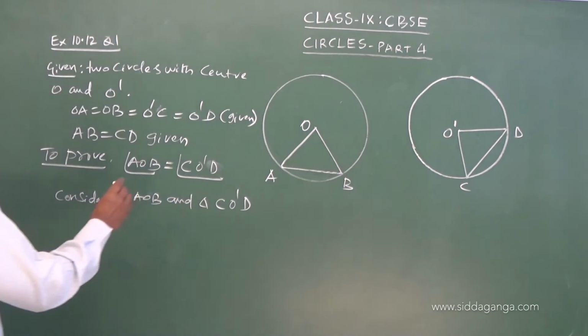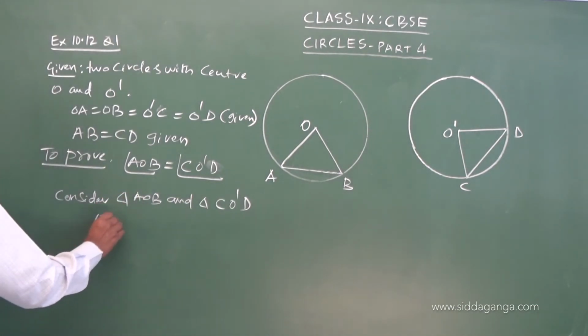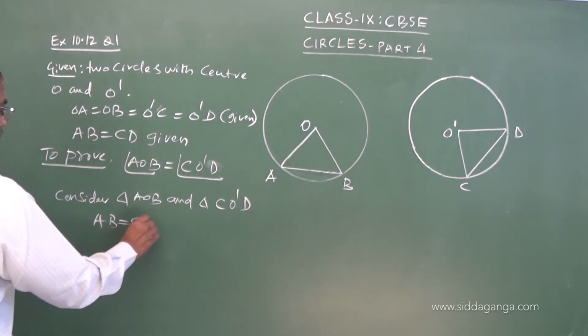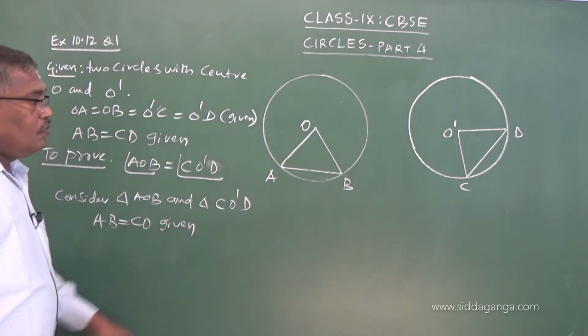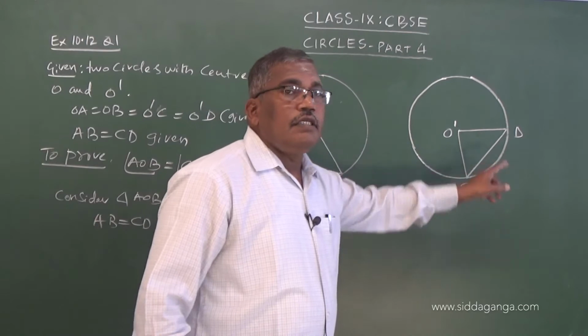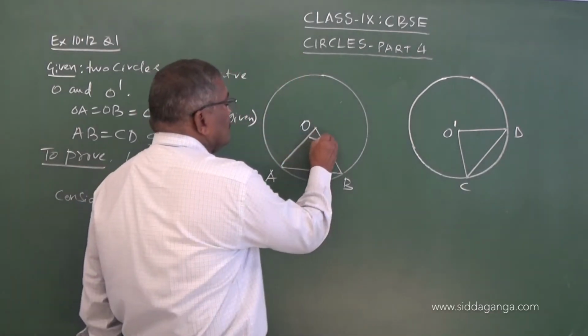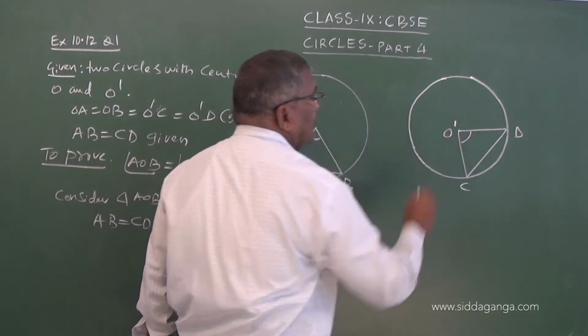In this, AB equals CD, given. So two chords are equal, it is given. We have to prove that these two angles are equal.